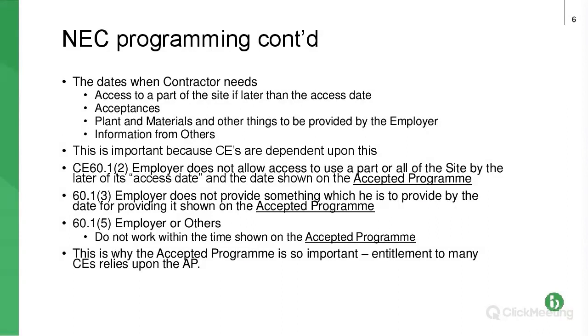So the dates which need to be included, first of all, as we've seen, access to part or all of the site, part of the site if it's later than the access date in the contract. Any acceptances that are required to be provided by the project manager, so acceptance for design, particular materials, etc.